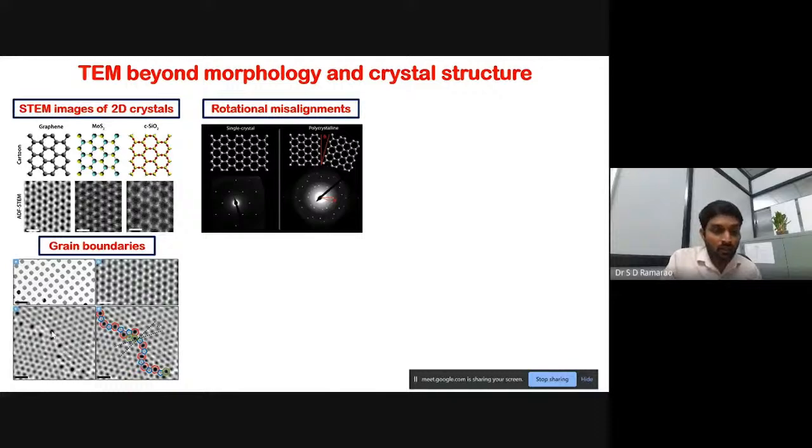Even if you zoom in clearly, you can understand from this. When two grains come close, there is a possibility that distortion will come in the hexagon rings. Because of that you have some defects, like an arrangement of hexagon, pentagon, hexagon, pentagon.